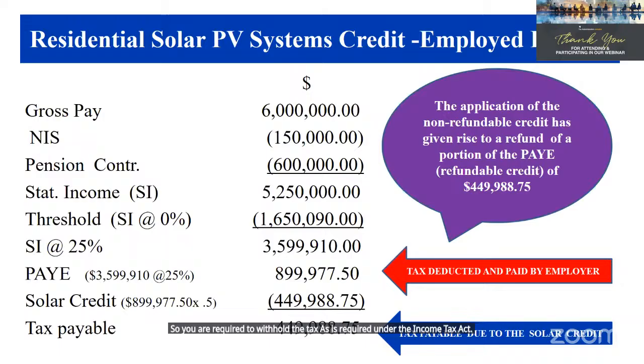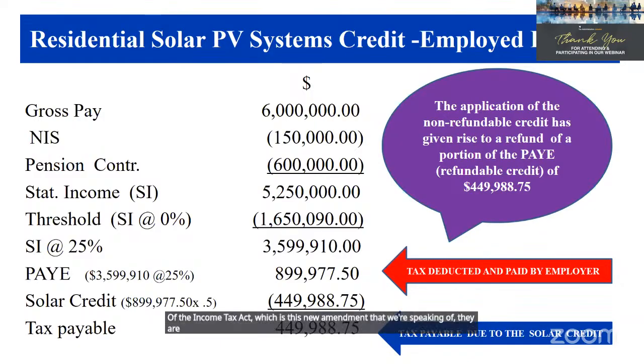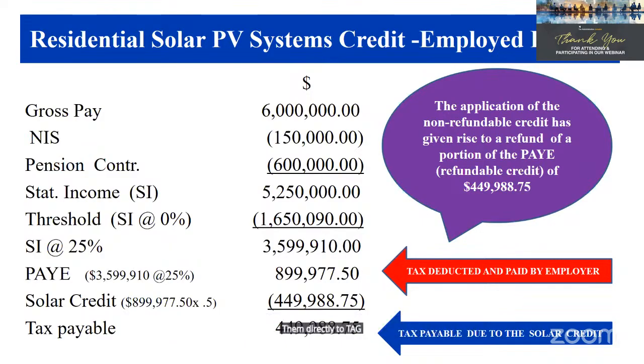And then the employees are required under Section 25F, I beg your pardon, of the Income Tax Act, which is this new amendment that we're speaking of. They are now required to apply for the credit directly to TAJ, and they do so by using the IT05. Okay, thanks.